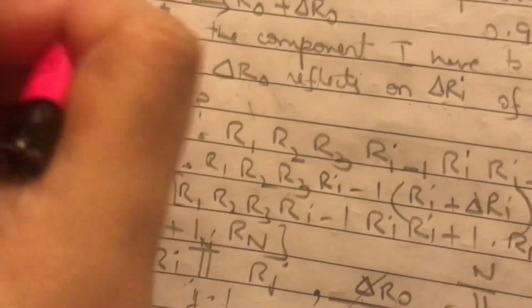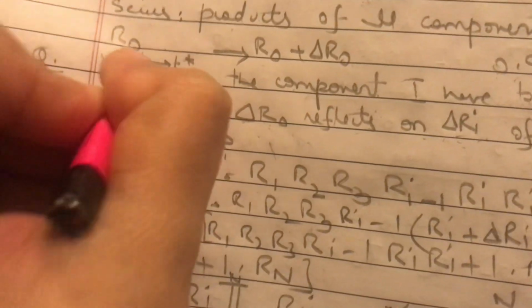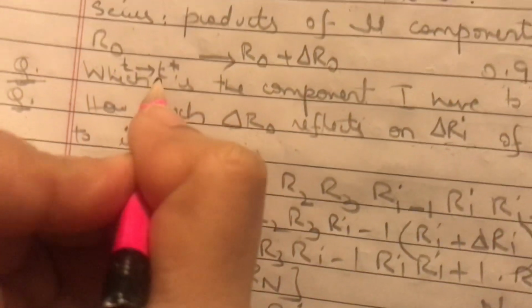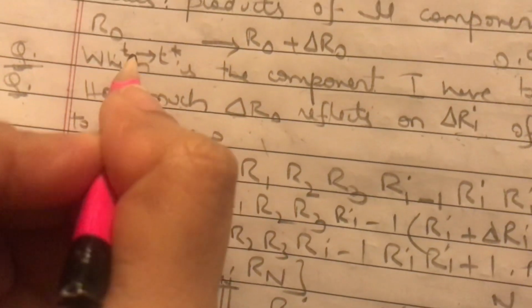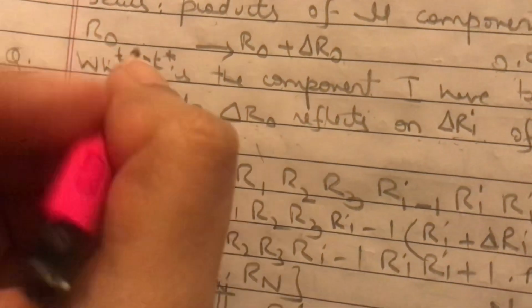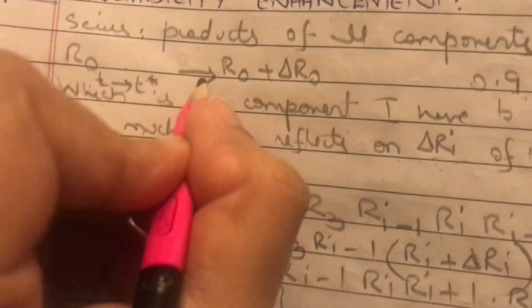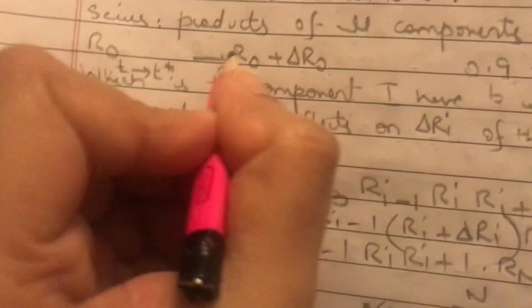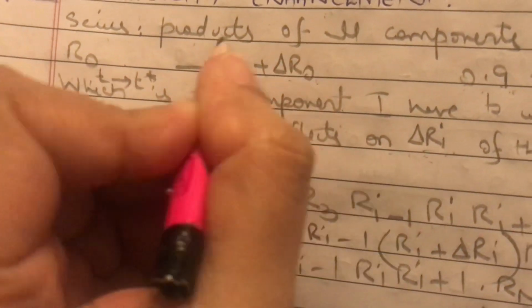So suppose we have a reliability R0 at time t. When we enhance our reliability, we enhance it to time t star. So what we get is R0 plus delta R0. This is the form that we enhanced.